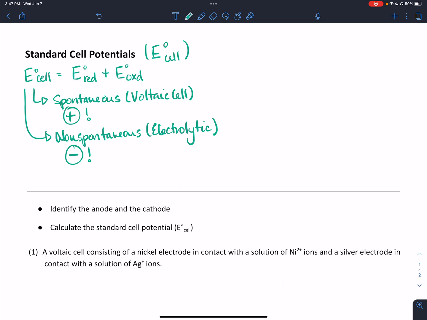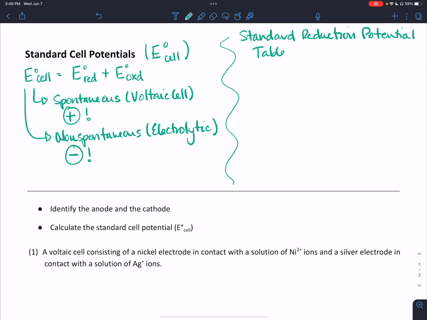So where do I find the reduction and oxidation potentials? Well, you're going to have a standard reduction potential table.